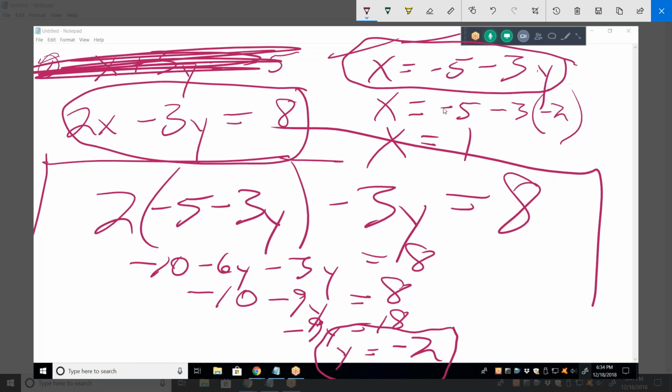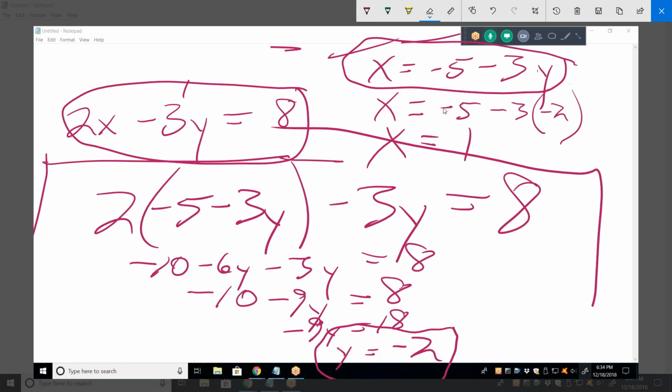Okay, now, notice how much easier x plus 3y equals minus 5, right? Yeah. Notice how hard it was to use substitution, first of all.